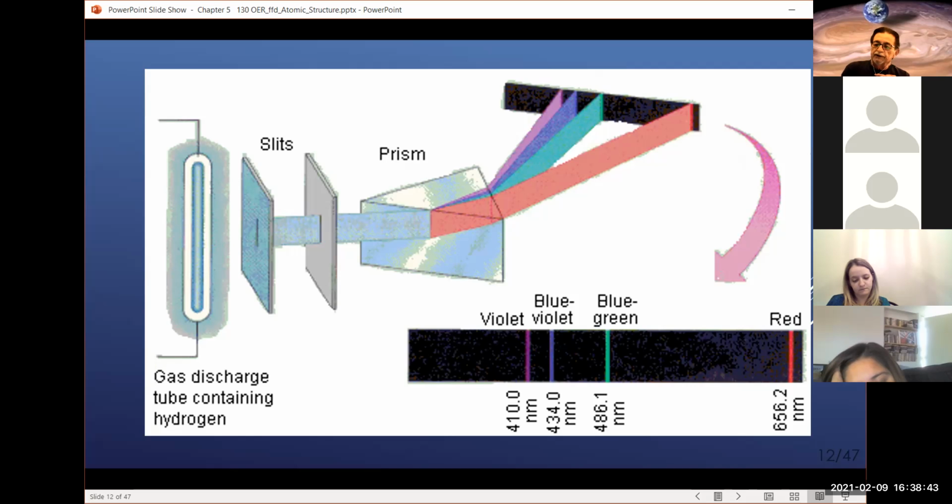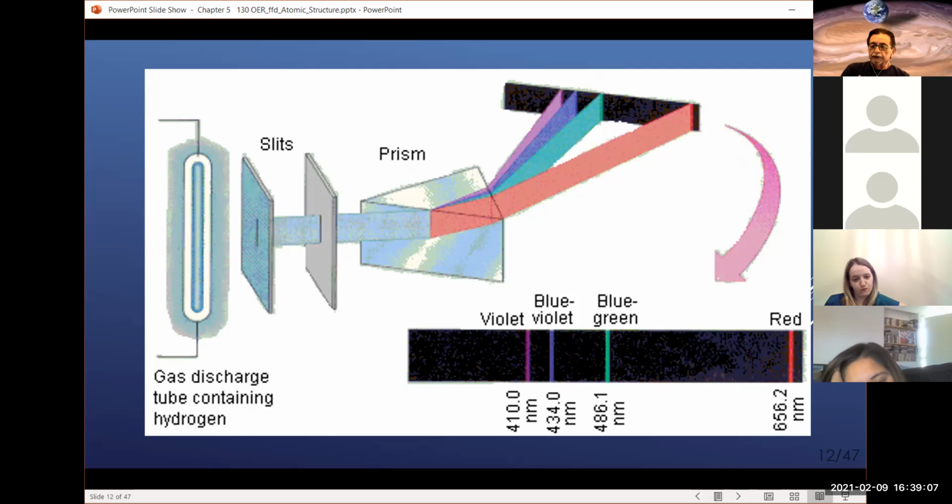That's what the prism does. It takes the light of the hydrogen material and breaks it up into its own specific wavelengths, and you end up with the spectrum here. Each line has a specific wavelength. The units, nm, are nanometers, 10 to the -9 meters.